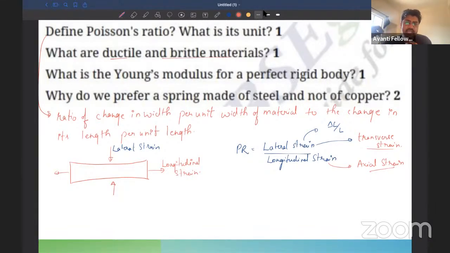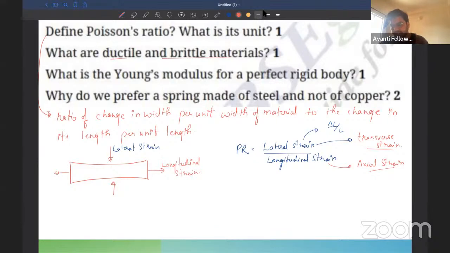So basically I can say steel is a ductile material because it can undergo more plastic deformation, है ना? Plastic deformation means it can elongate to a very long length. That means it is suitable for making wires. You cannot make wires of sodium or potassium because they are not ductile, right?